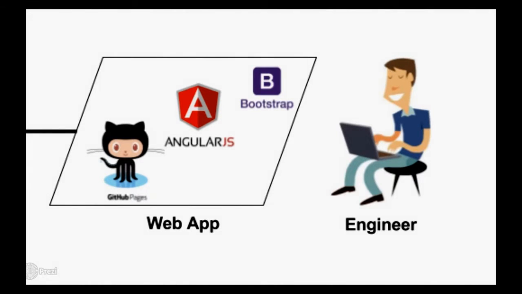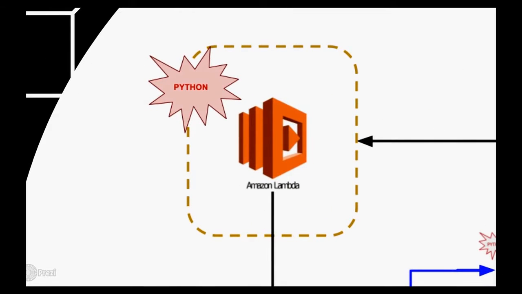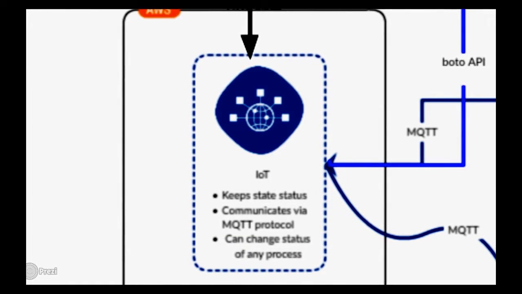Our main target will be an engineer or someone on the technical side, obviously. Now we built an API using API Gateway, which hits AWS Lambda that updates the status of our IoT.